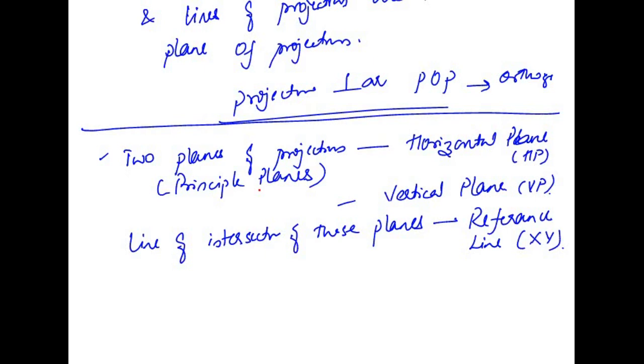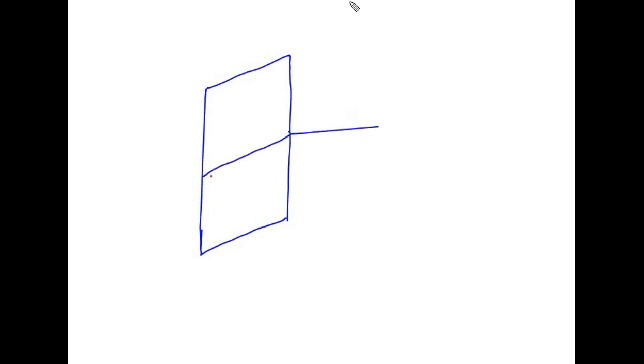So now I will show you how we divide the space into four different quadrants using these two planes, and we will project a point in all these four different quadrants. Okay, so here you can observe, I am taking a plane, this is one plane of projection, so this is vertical plane, and then this one is horizontal plane.